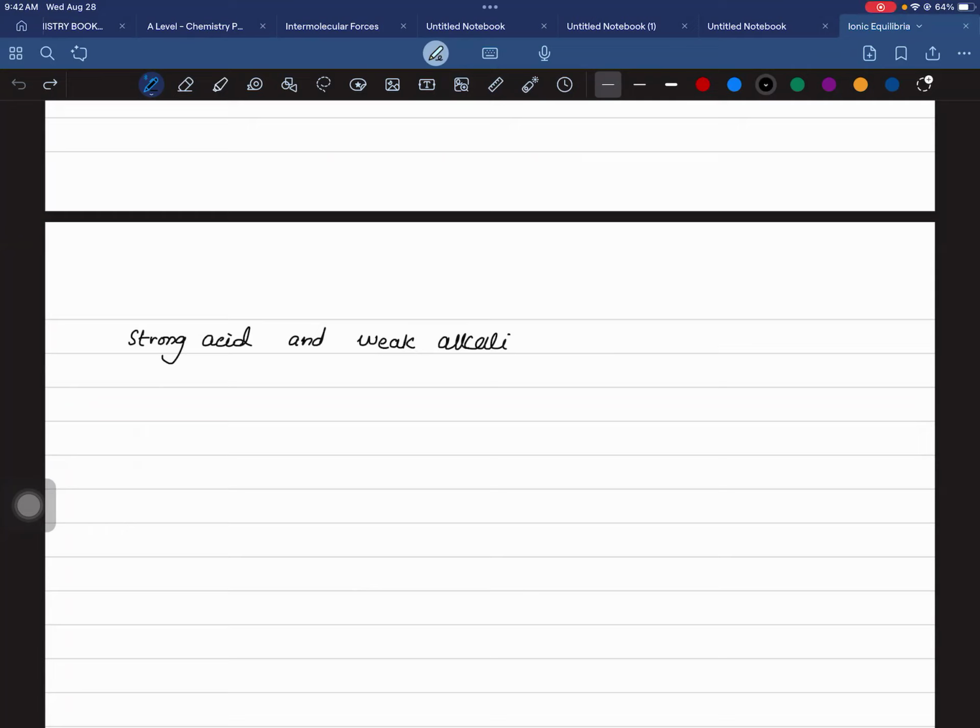Fast, fast. This is Hasib. Strong acid and weak alkali.